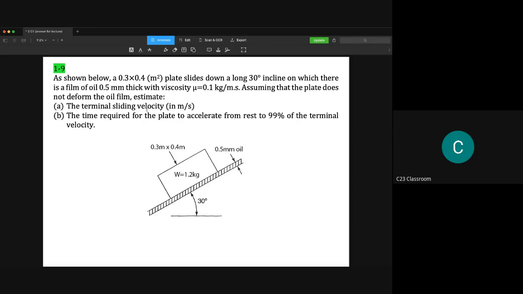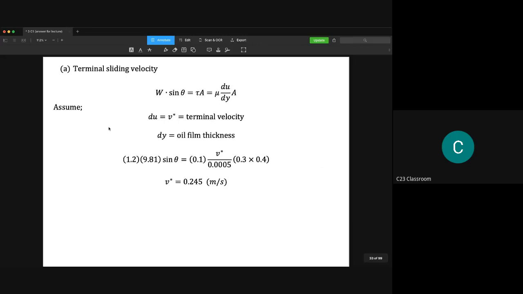Then we need to calculate the terminal sliding velocity, and also the time required for the plate to accelerate from rest to 99% of the terminal velocity.